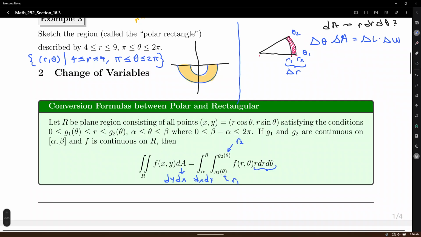All right? Well, what about the length? Let me think of the length as the delta r. But the width is not just delta theta, that's just the difference between the two angles. However, do you guys recognize this length right here from basic trig or basic geometry?